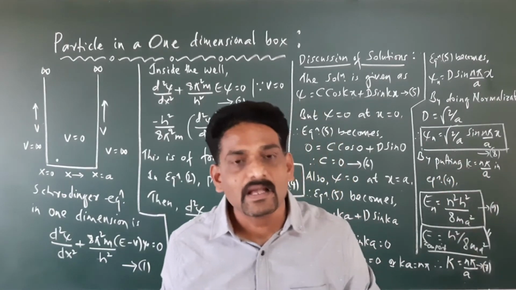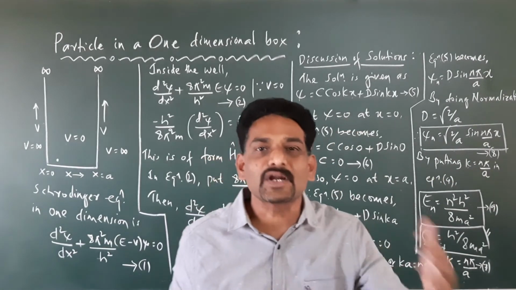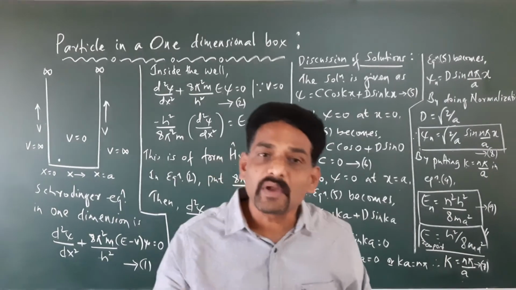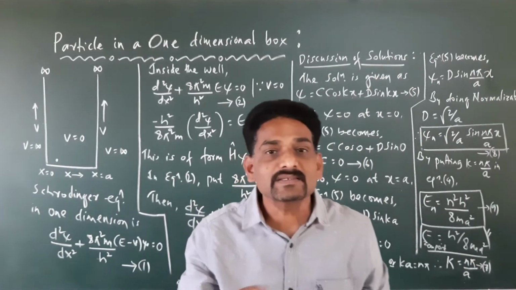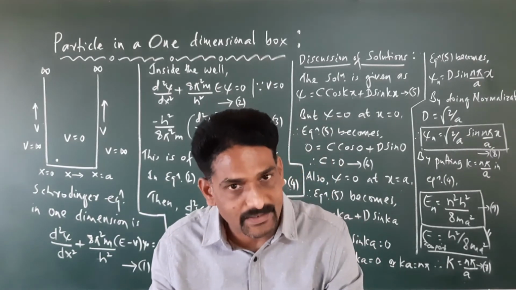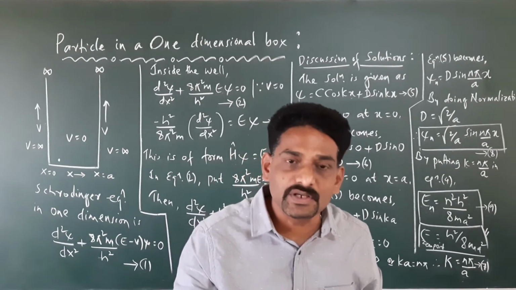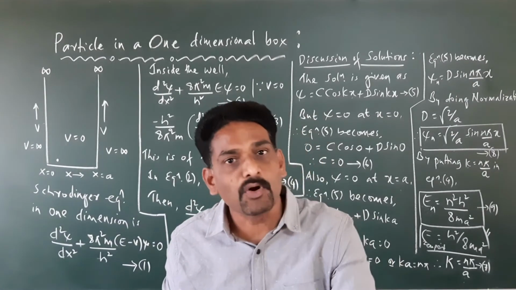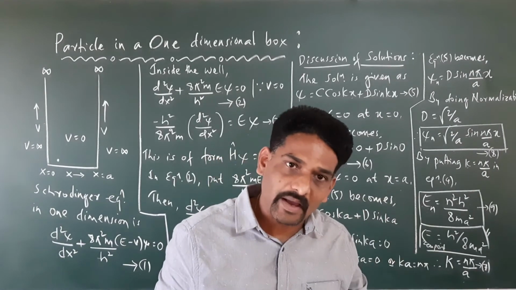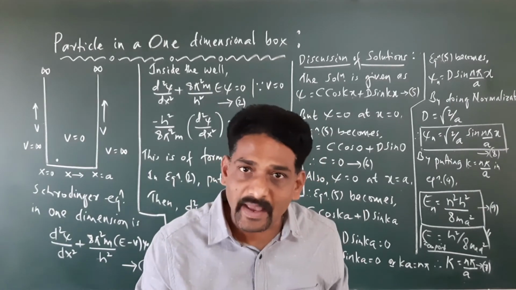Classical mechanics says the energy of a particle like an electron is continuous. Quantum mechanics says the energy of a particle like an electron is not continuous, it is discrete and finite, or in other words, the energy is quantized. It is one of the very important differences between quantum mechanics and classical mechanics.